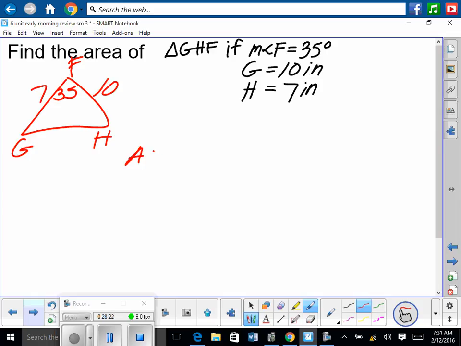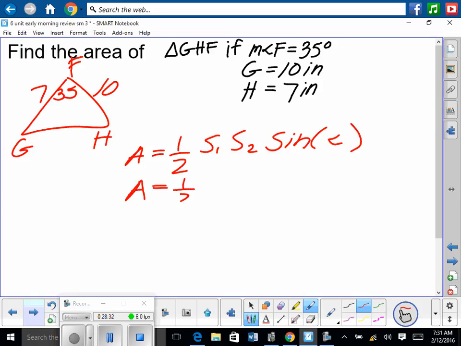So you know area is equal to 1/2 times side 1 times side 2 times the sine of the angle in between those two sides. So area is equal to 1/2 times 10 times 7 times sine of the angle in between, which happened to be 35 degrees. Make sure your calculator's in degree mode because we are calculating something that's in degrees.